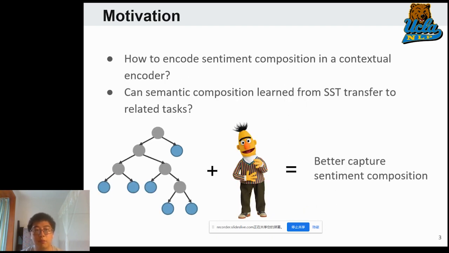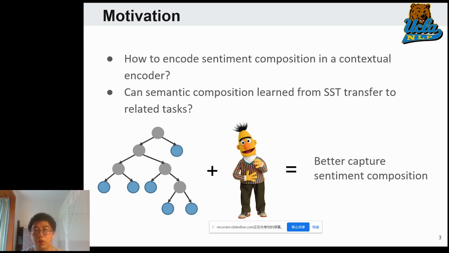Several prior studies model compositional sentiment semantics with recursive neural networks. These models generate representations recursively based on a binary sentiment parse tree. However, these models overlook the rich association in context and only model the sentiment of each constituency based on the local information from the children in the parse tree.